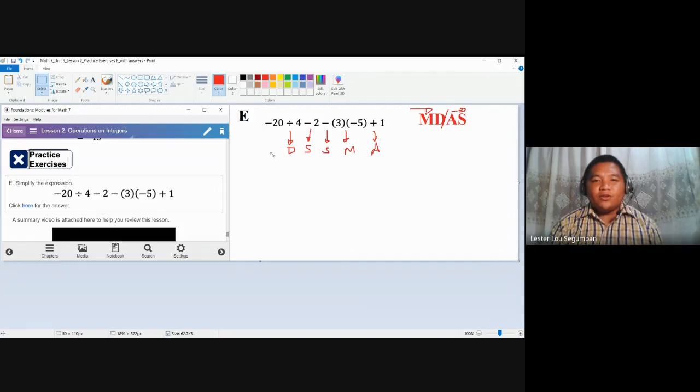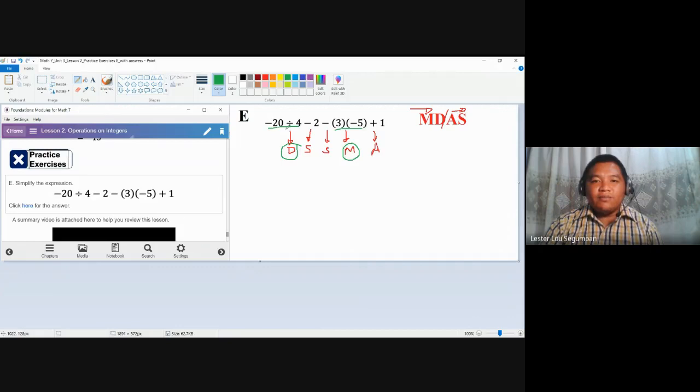To solve this, we are going to apply MDAS: multiplication and division, whichever comes first, and then addition and subtraction, whichever comes first. In short, we pick first the operations of division and multiplication. So we are going to simplify this pair and this pair and leave the other integers as is.